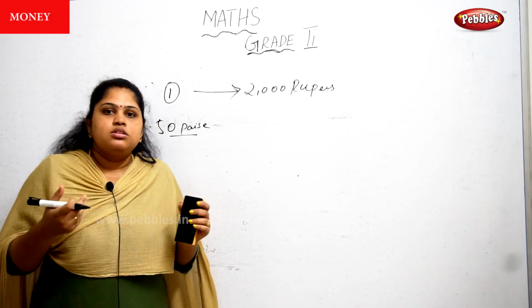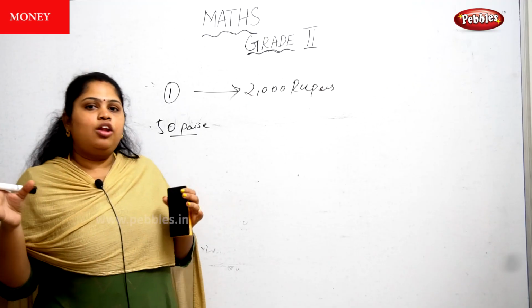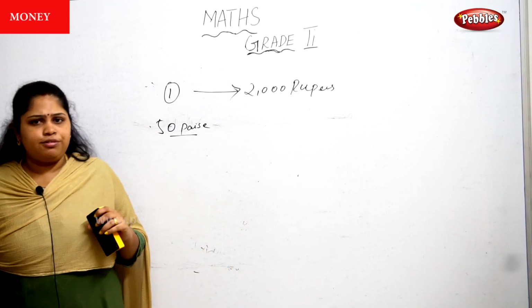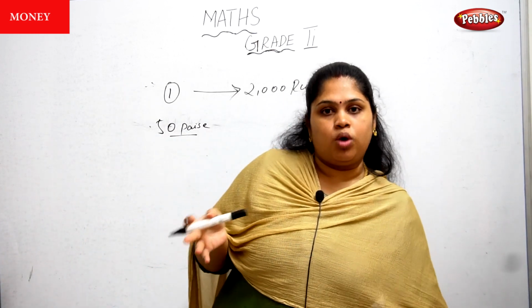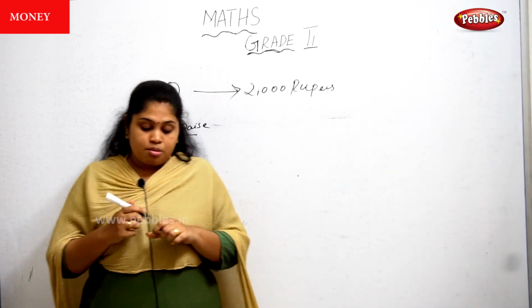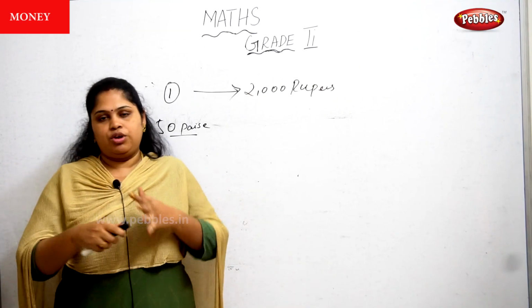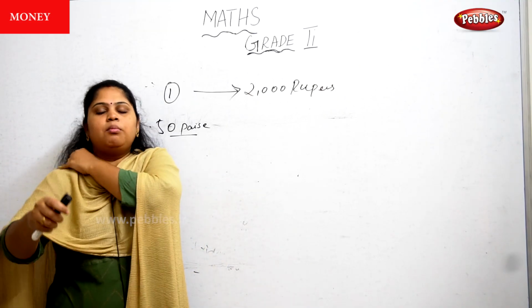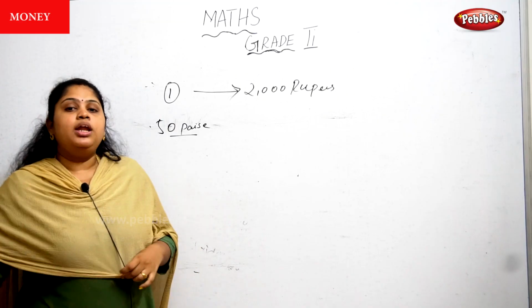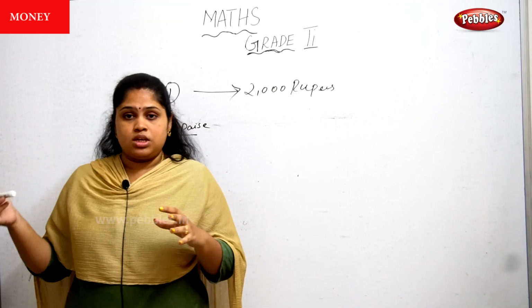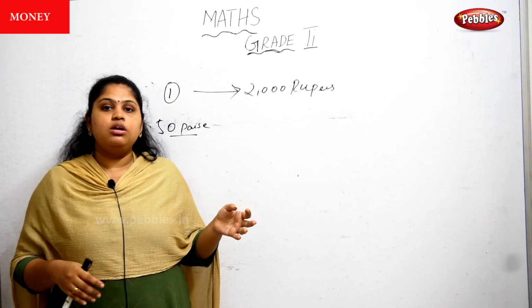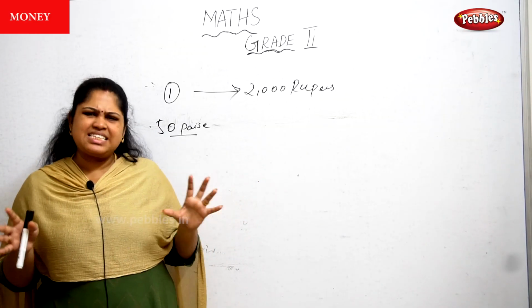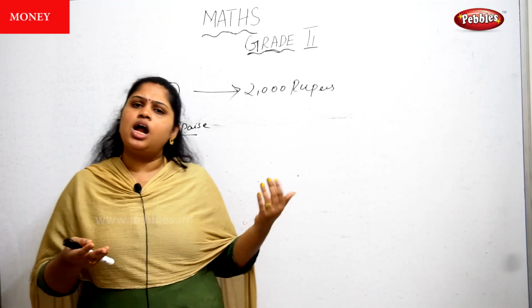Okay. So the money calculation is not going to be anything different. I want to tell you one point clearly. Now we are going to see how to calculate money. Is money calculation different from the maths calculation? No. Money calculation is the same as what we did in addition, isn't it?